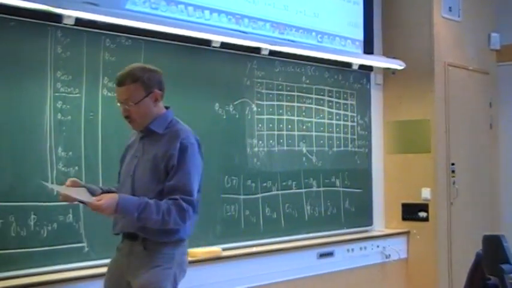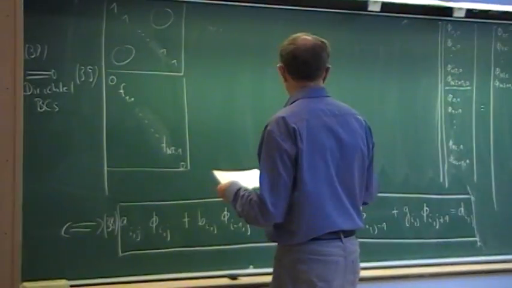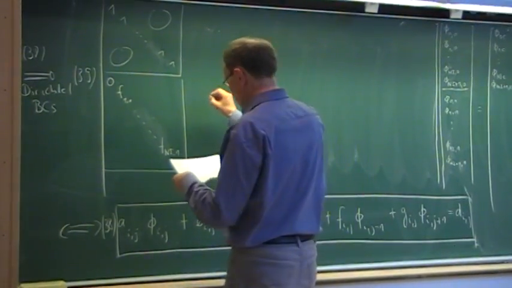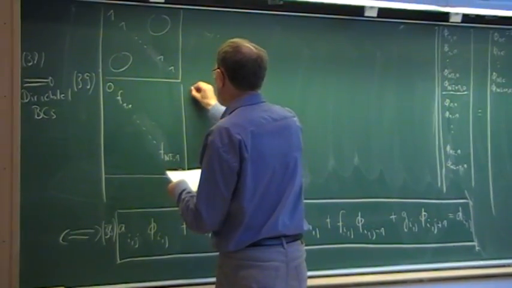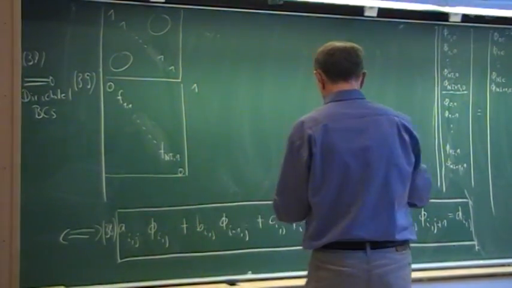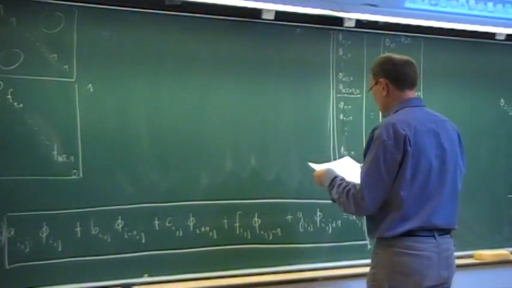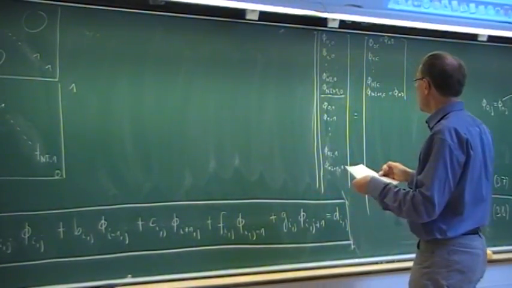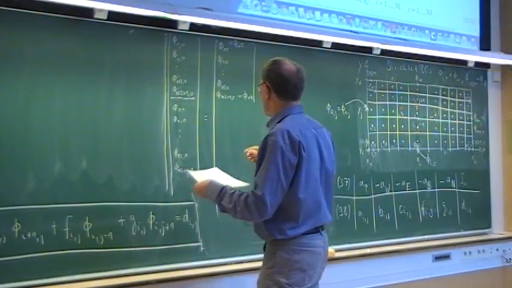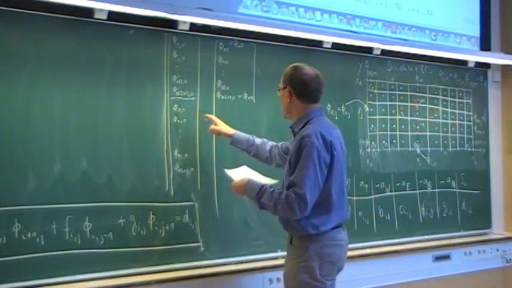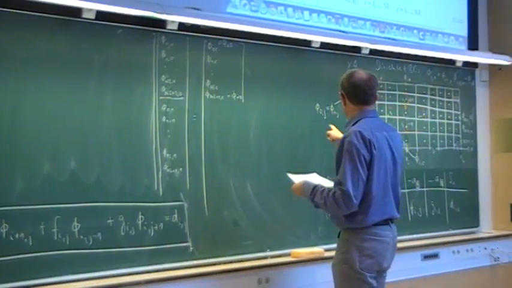So then we will get a contribution here, and that will be the boundary condition. Let's see. I have a 1 here, and that is then getting to the phi 0, 1. Here we have to implement the boundary condition.